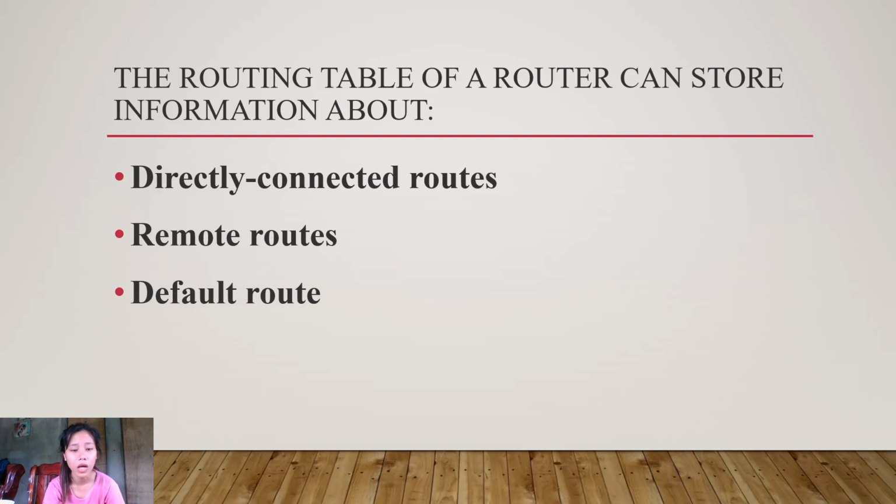For the default route, like a host, a router also uses a default route as a last resort if there is no other route to the desired network in the routing table.